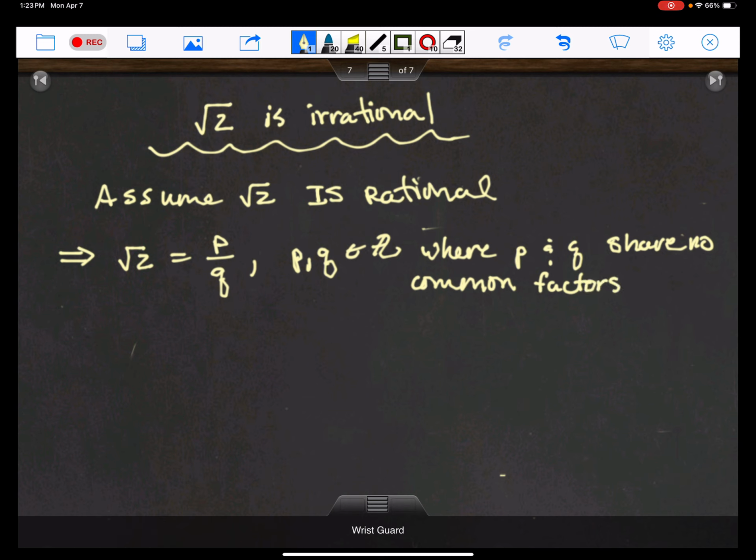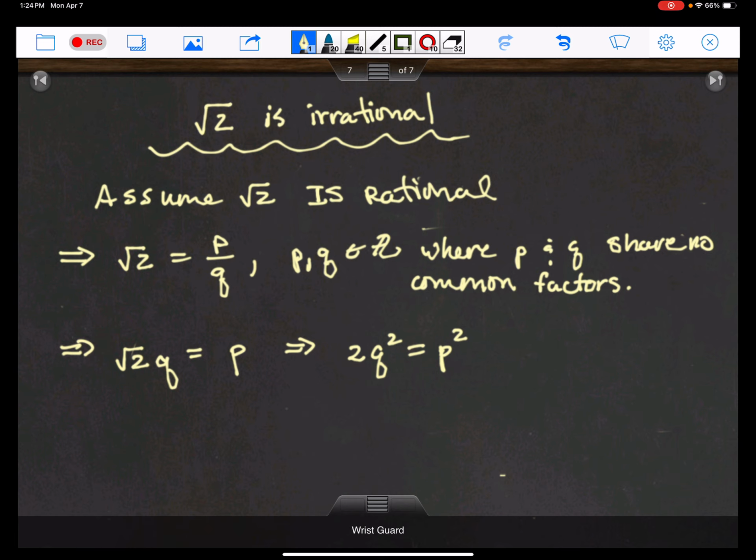So no common factors for p and q. That statement means, if I cross multiply, the square root of 2 times q equals p. Which also implies, if I square both sides, 2q squared equals p squared.